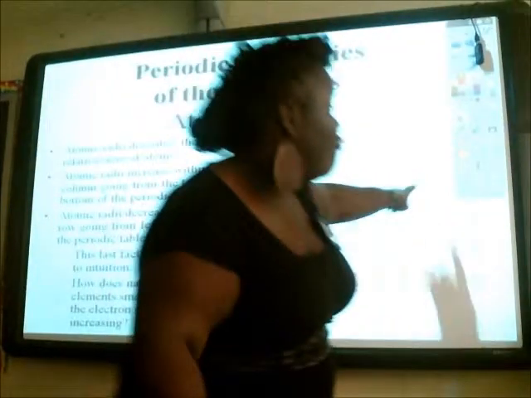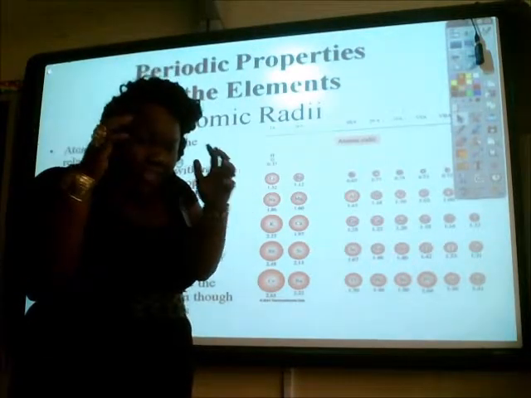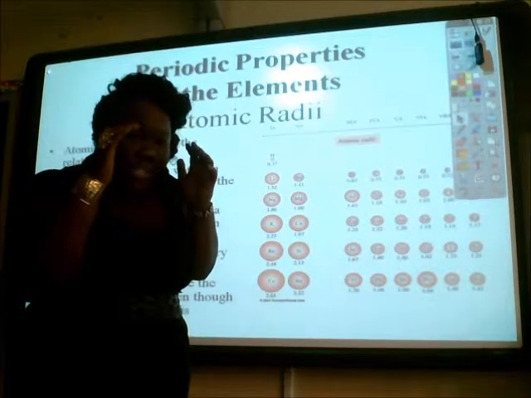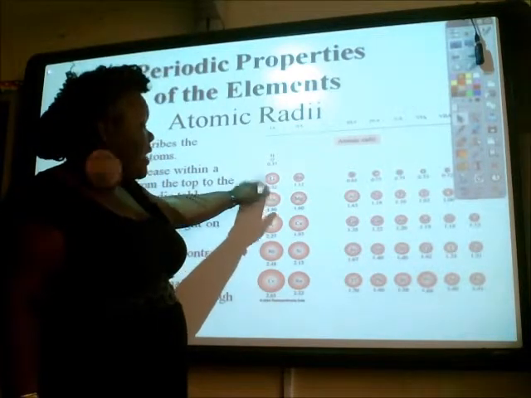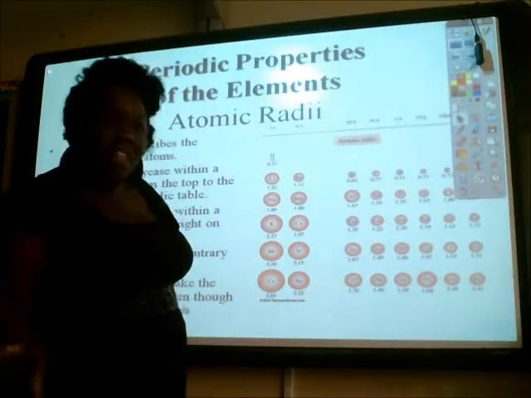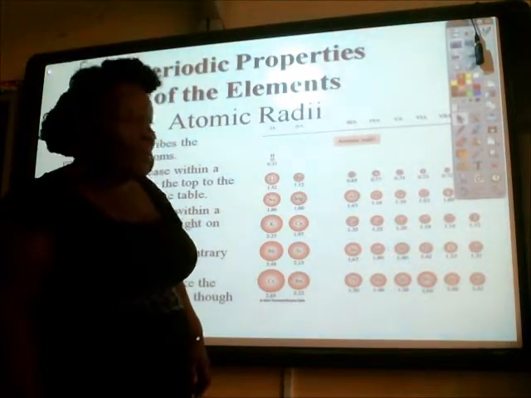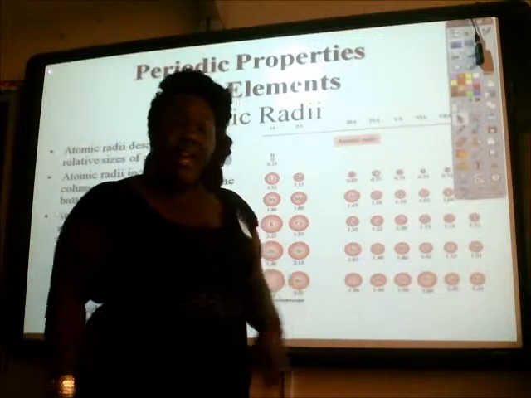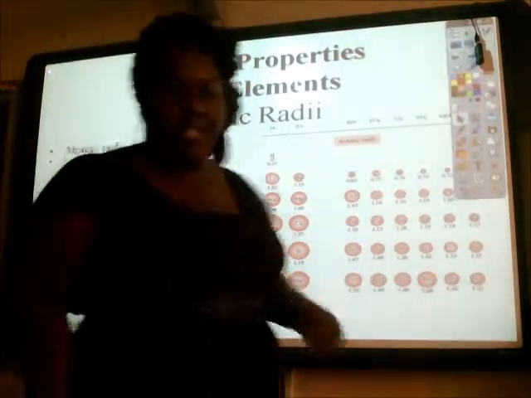So fluorine really has a thing for electrons. So it is going to suck those electrons very, very close to the nucleus, thus making the atom smaller. Hydrogen or lithium, however, doesn't really have a thing for electrons, so wherever they are, it's just as cool with lithium. So as we go from left to right, the atomic radius decreases. As we go from top to bottom, it increases.